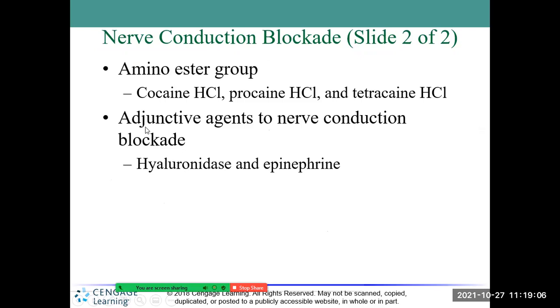And then we have other things that can be added to the nerve conduction blockade process. So hyaluronidase and epinephrine. Both of these can be added to either slow down the absorption rate and/or to help allow that to be absorbed in the correct areas.